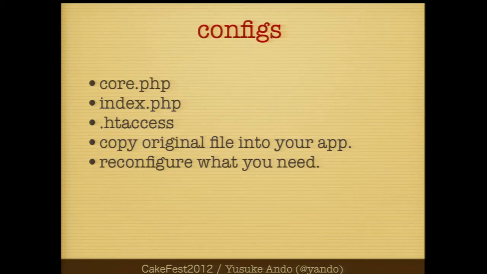And configs, I think this is easy stuff. Since Cake 2, the config file and the index.php and some basic files have some change, and it means you have to make sure to put your new configuration into the Cake 2 format.